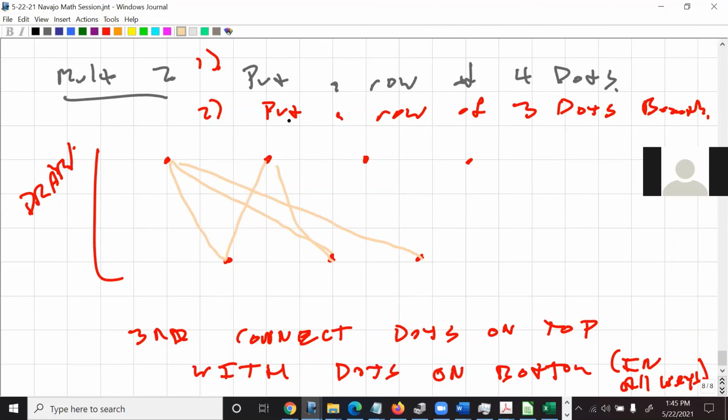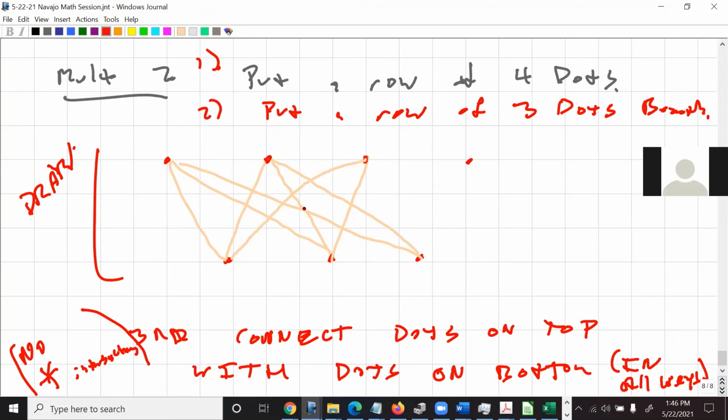Actually, let me redraw that one. When I do this, I want no triple intersection. So you notice I kind of bent this around so I wouldn't have 3 lines going through the same place.